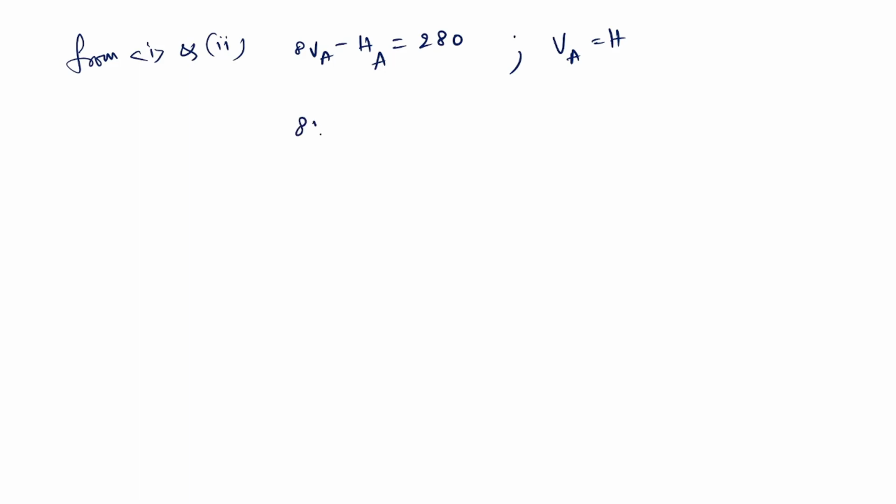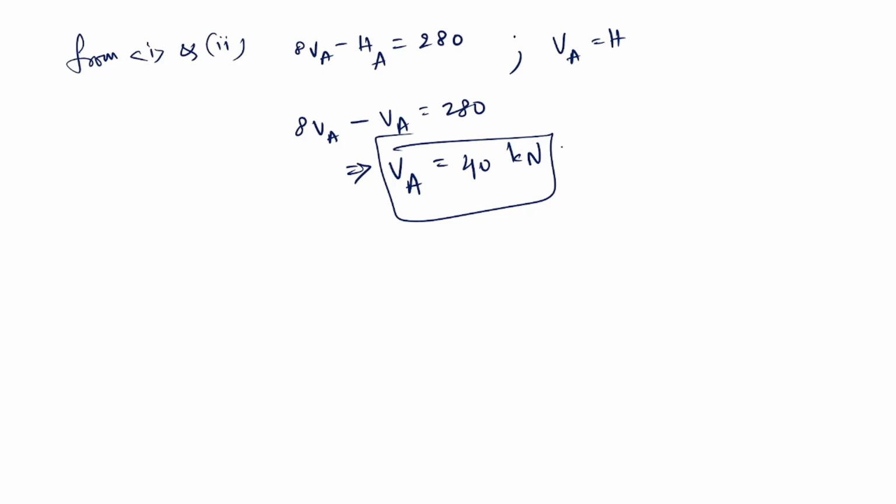I am just replacing: 8 VA minus VA equal to 280. Then VA equal to how much? 7 VA, so VA is 40 kilonewton. So HA is also 40 kilonewton.